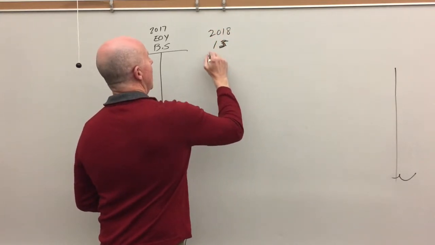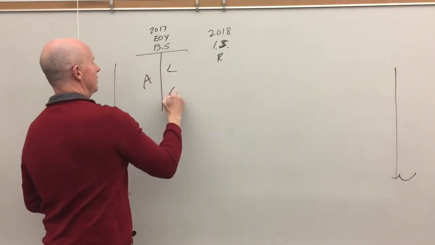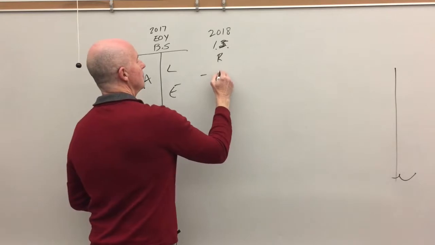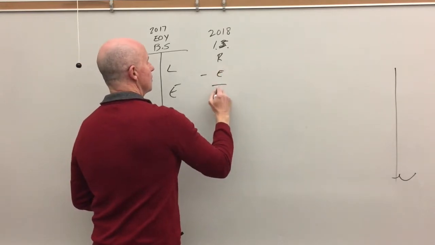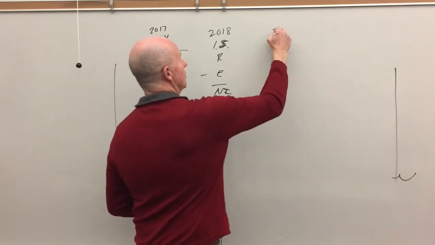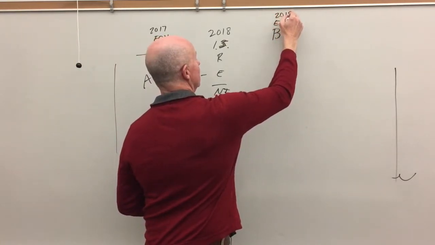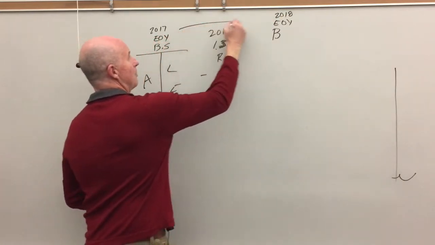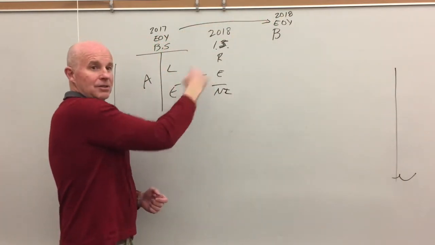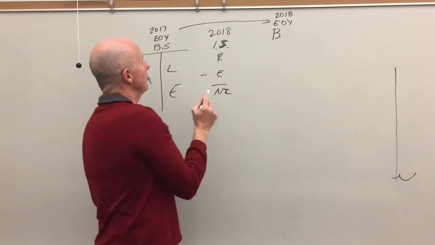That income statement would be all the revenues, then all the expenses and the profit that was made. This would be the assets, liability, and equity. Then we're going to have a balance sheet at the end of 2018. This is what happens during the year, and these are the two bookended things of those years.